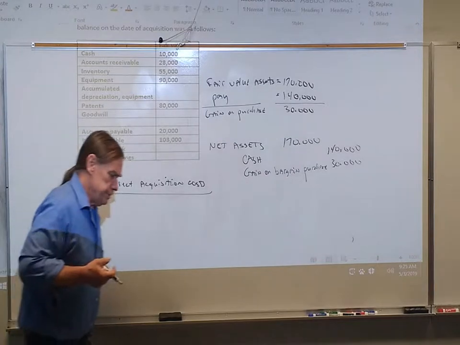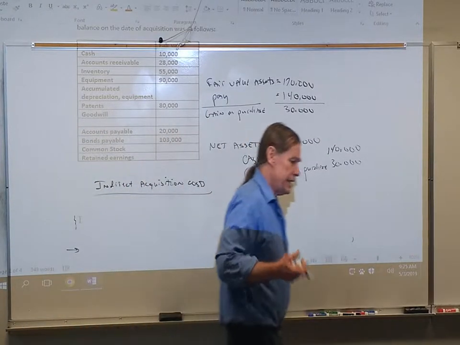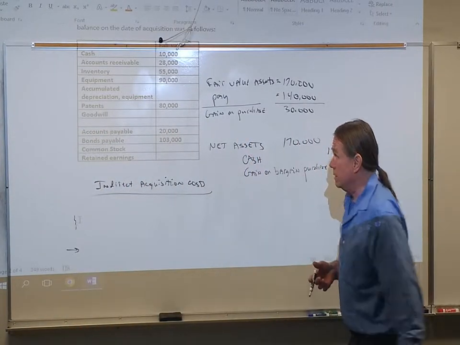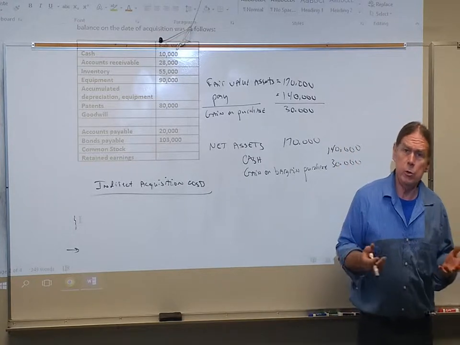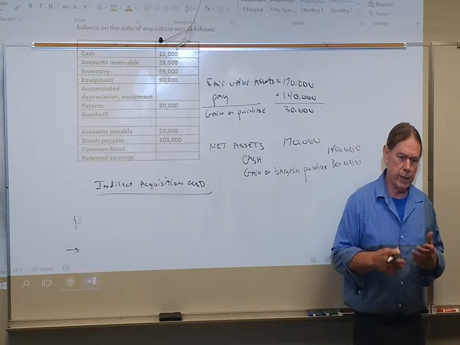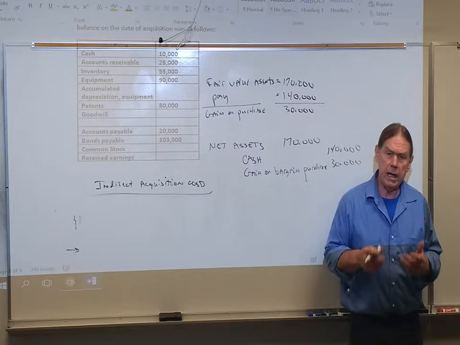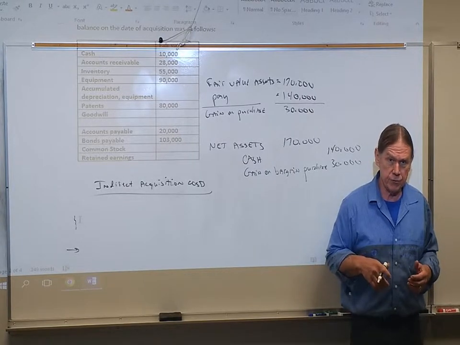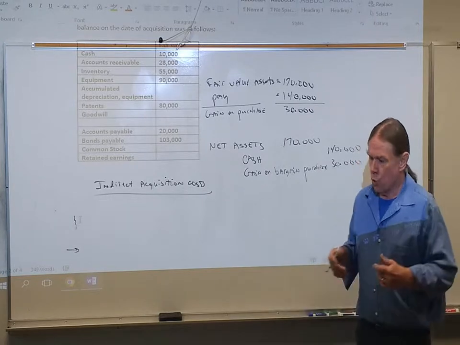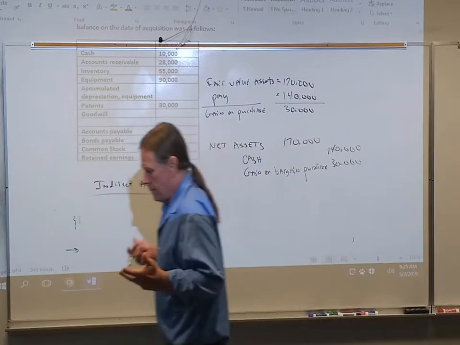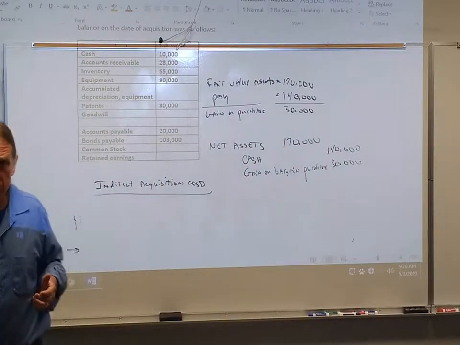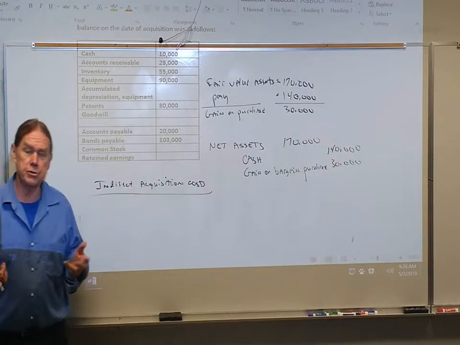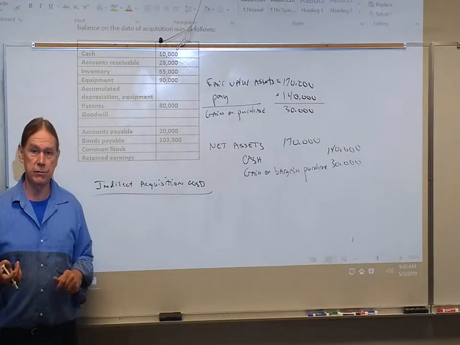Now, normally, when you buy an asset, and again, we're essentially buying a bundle of assets and liabilities, normally when you buy an asset, you record as part of the cost of that asset any and all necessary and reasonable costs to get the asset to the place of and condition for use. So, normally if you're buying 1,000 shares of stock, the commission on those shares of stock is rolled into the cost of the investment.